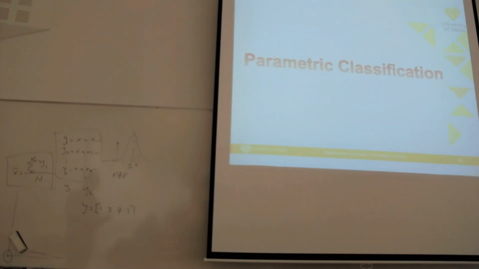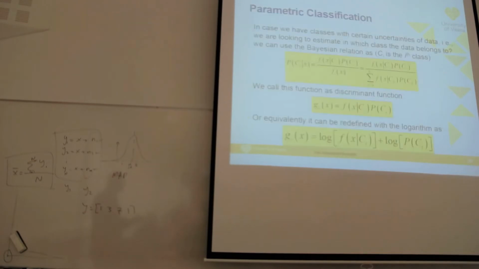Okay, now we come to parametric classification, where we apply those concepts of estimation theory in classification. In classification, as we mentioned before, we are looking for the probability that our attributes belong to class Ci.